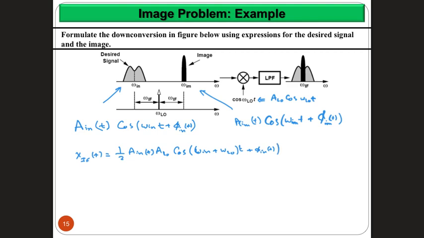And then we have minus half A in of t, A local oscillator multiplied by cosine. I prefer to do each term in one line because I cannot put them beside each other, right?